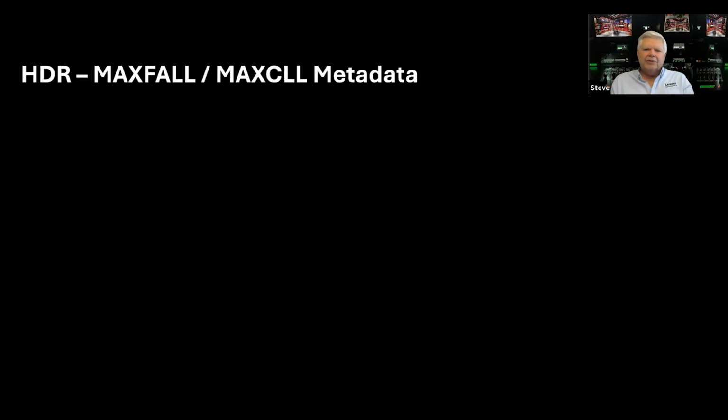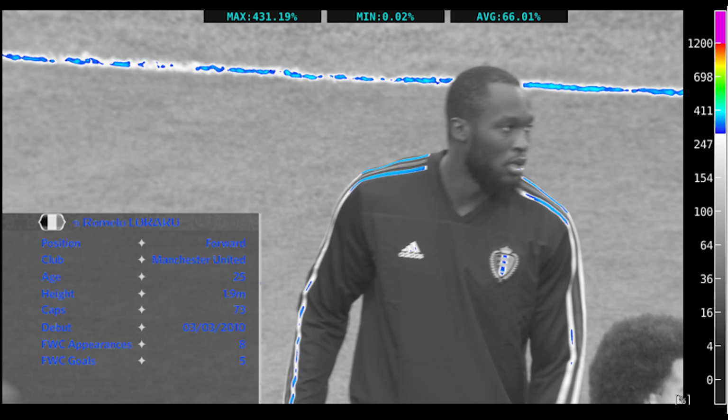Yeah. And especially in live sports, you have the field and there are white chalk lines in that field. That white chalk line should be roughly your 90% reflective white.